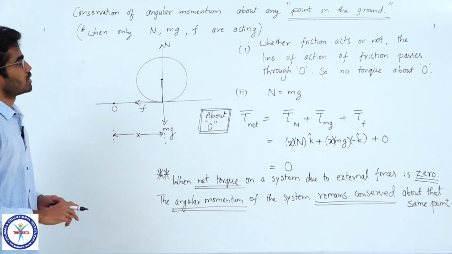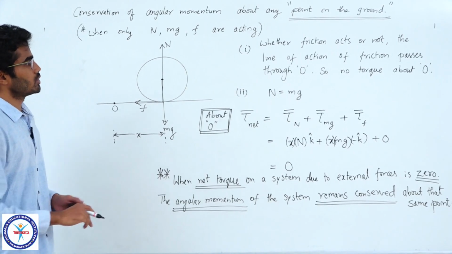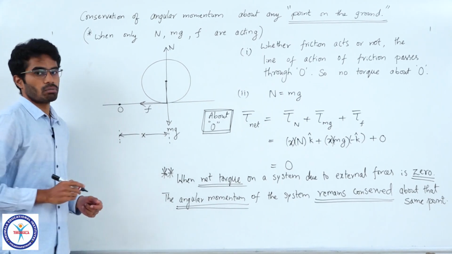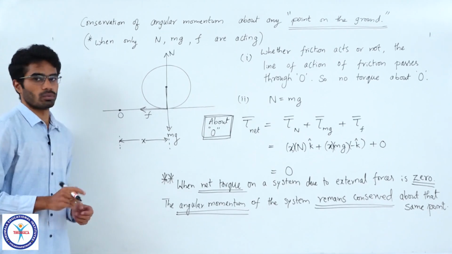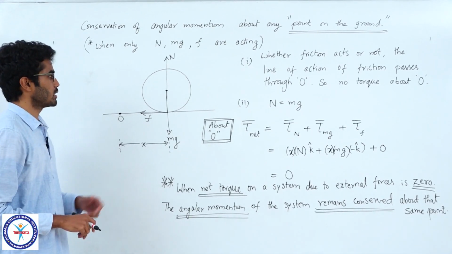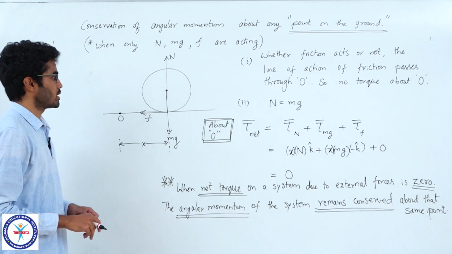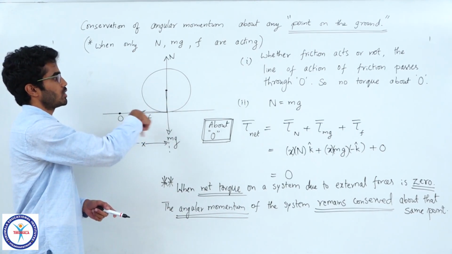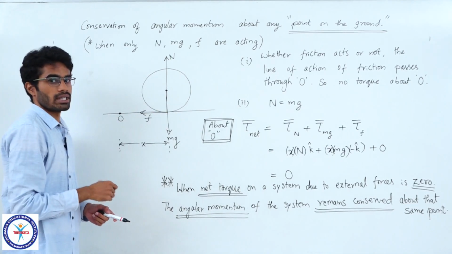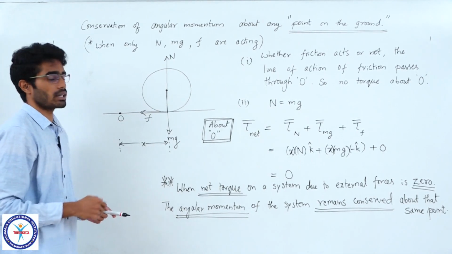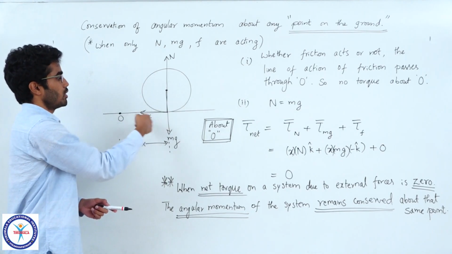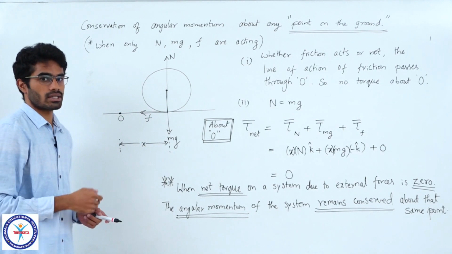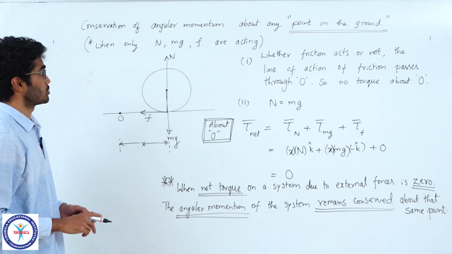So, in such a case, let us see what happens to the object's angular momentum about a point on the ground O. Let us see the torques produced by such forces. If the net torque by all the forces is 0, we can say that the angular momentum is conserved about this point. So, let us see how it is possible in this case.